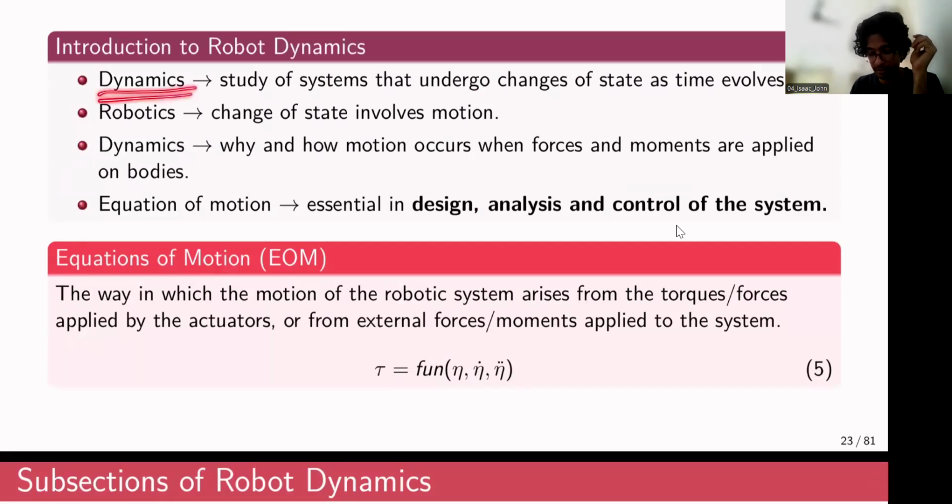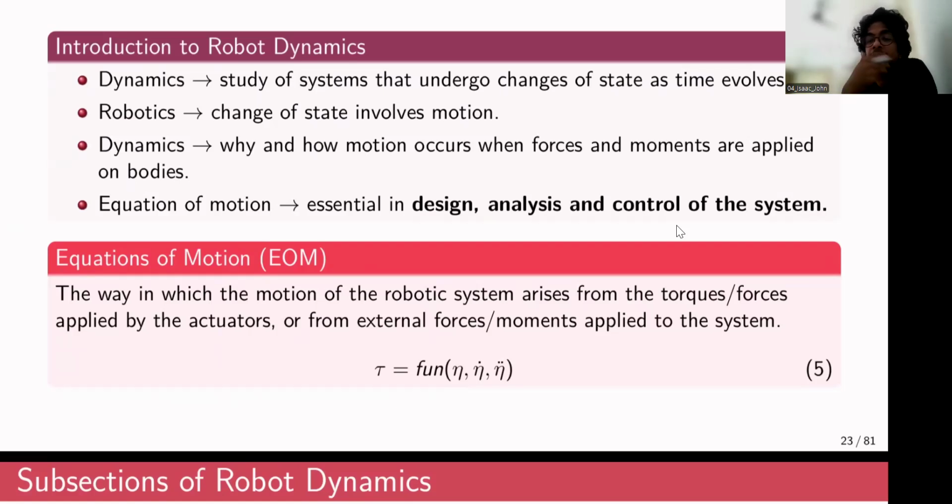What do you mean by dynamics, and what dynamics aims to solve in the context of a robotic system, right? And what is the purpose of deriving an equation of motion? How is it beneficial for us? You can actually use it for design, analysis, and control of the system.